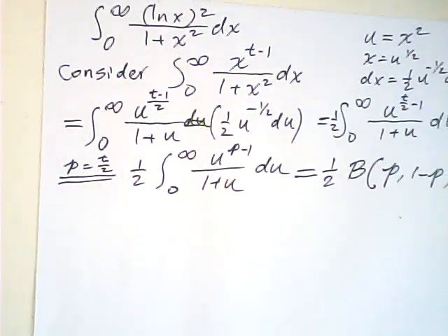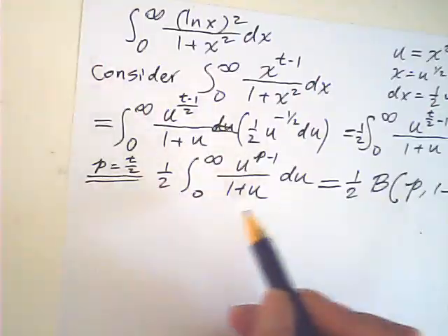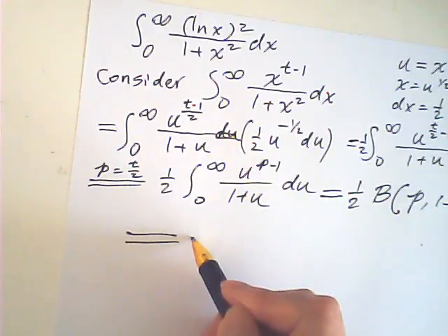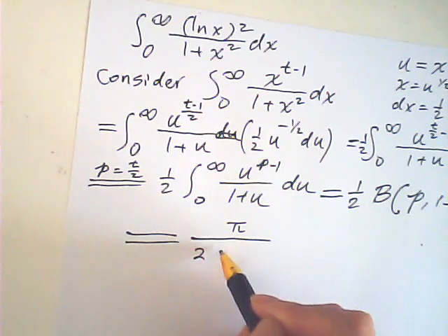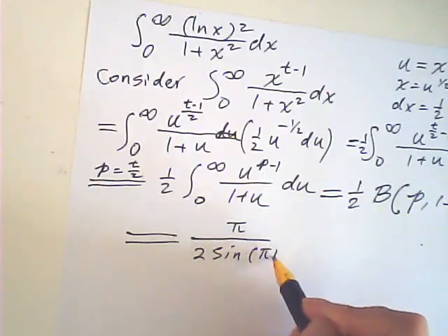So my integral is equal to pi over 2 sine pi p.